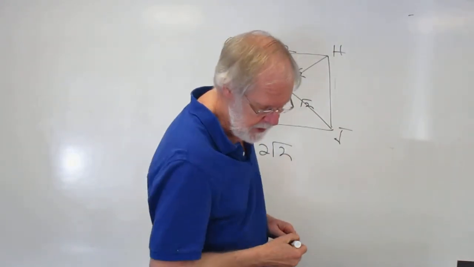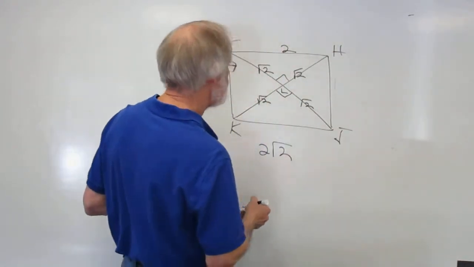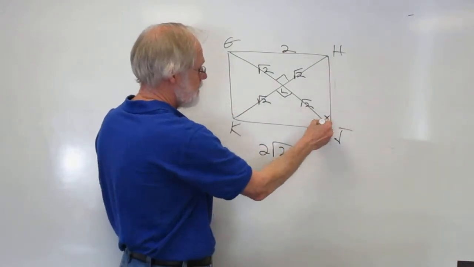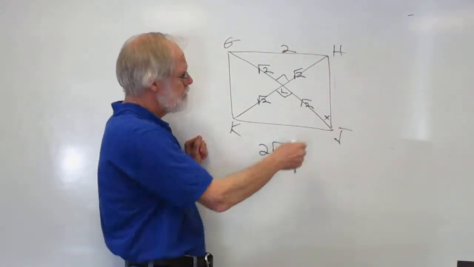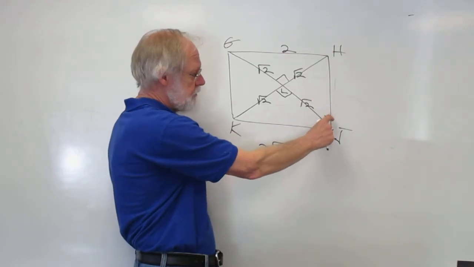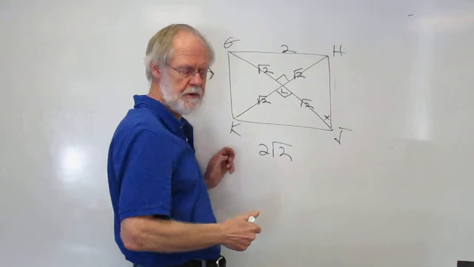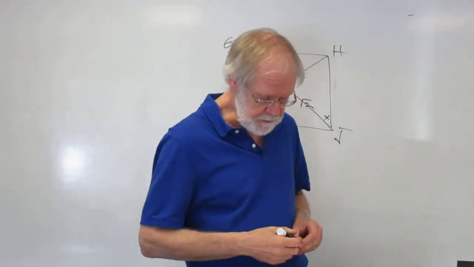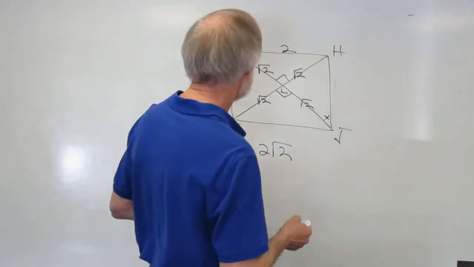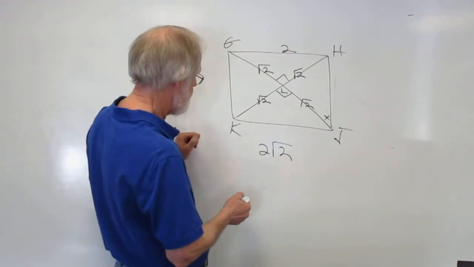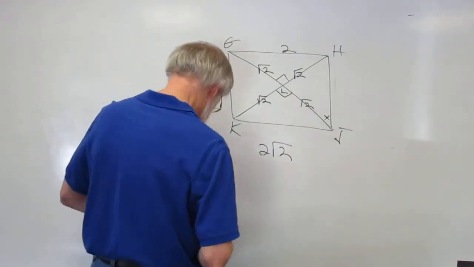You were asked to find angle HJG. That would be this angle here. Remember, this is a right angle, and this diagonal bisects it, so this has to be 45 degrees. And the last one is the perimeter of triangle HJK, which is this triangle here. Let me outline it in blue.